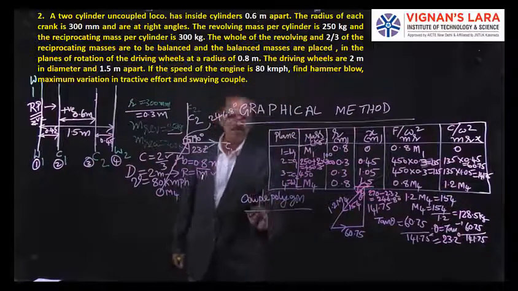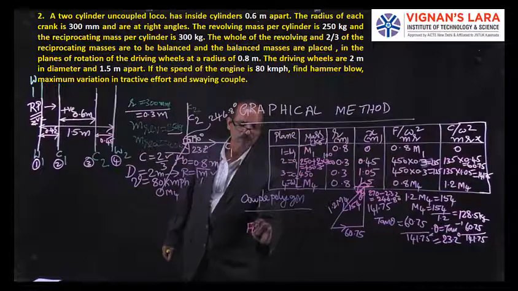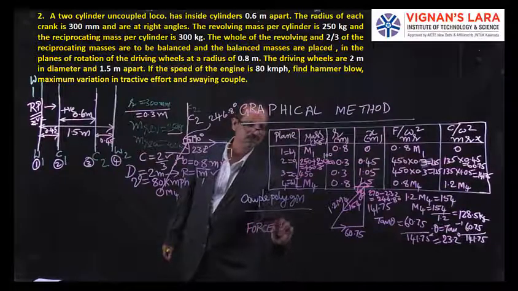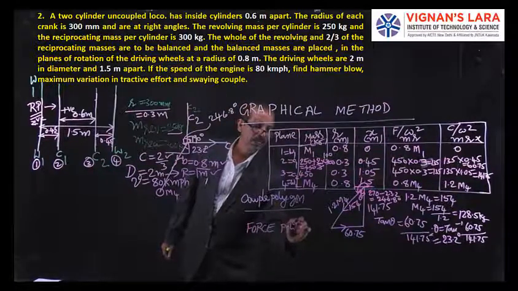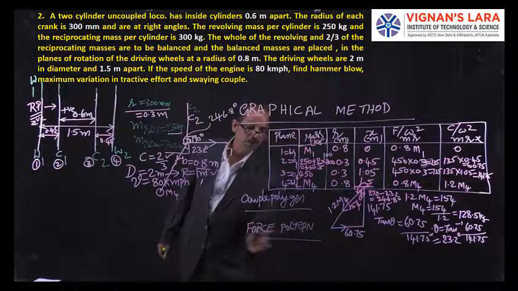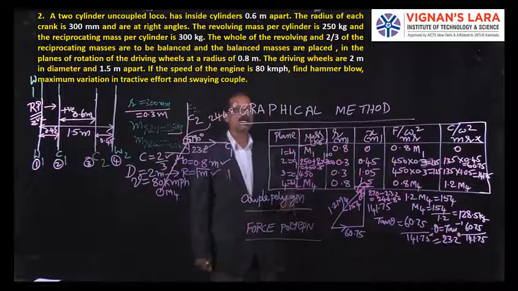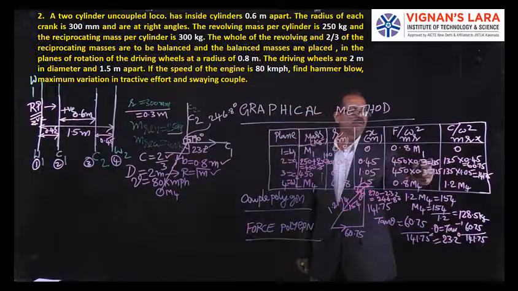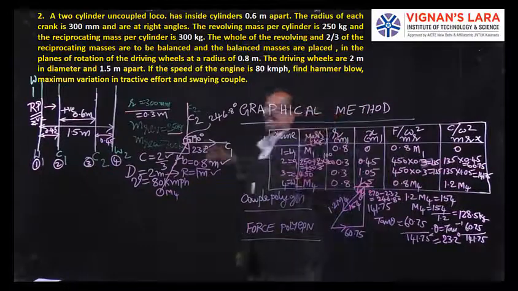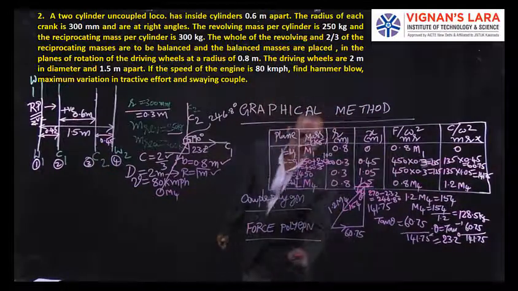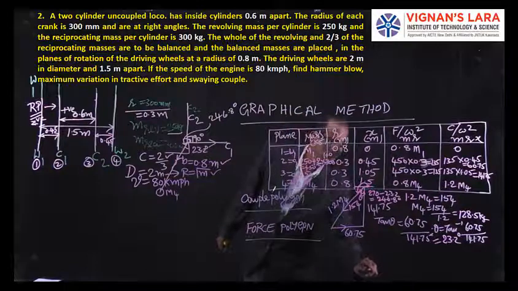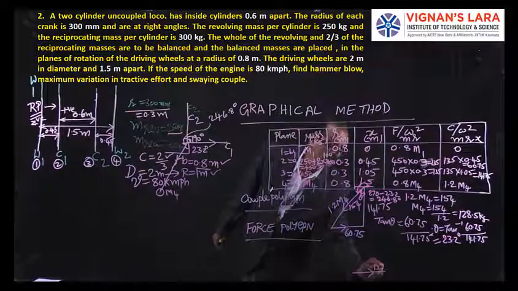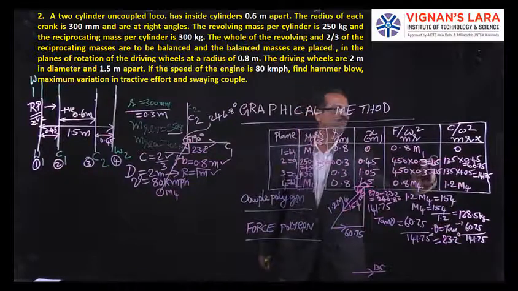Then after this we can draw the force polygon to get the direction and the mass of the first mass. So let us see the force polygon. First one, 135, like this. Say this is 135 for this force.